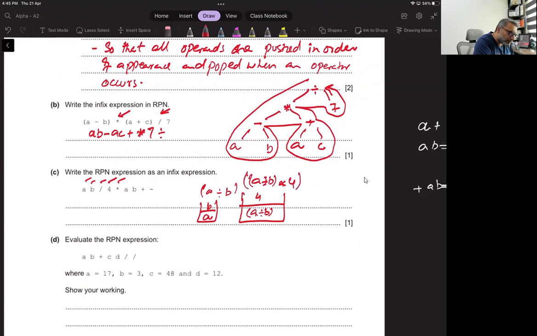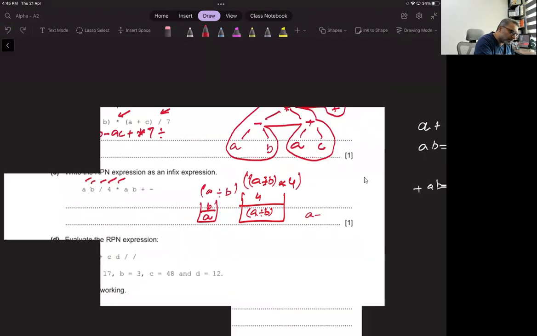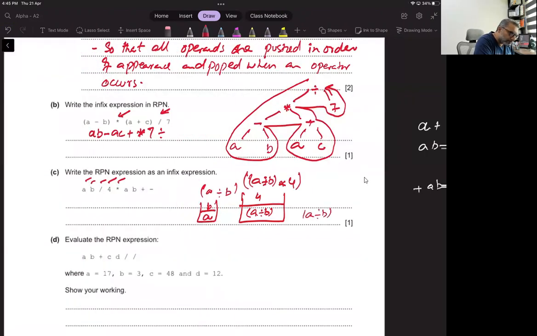Now this is another expression that will be pushed, a divided by b multiply by 4. And then we have A, B again, and then we have plus. So B goes on the right, A on the left.